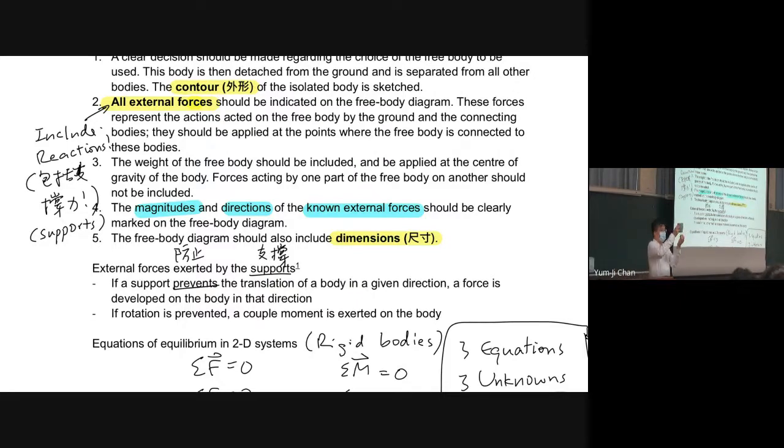So if we want to fix it such that it cannot rotate, it means that we have a moment. If we put a moment onto the cup, it cannot rotate either. So we have a moment acting on the support, so it cannot rotate. It is a reaction. This is a moment exerted by my hand, such that it cannot rotate.